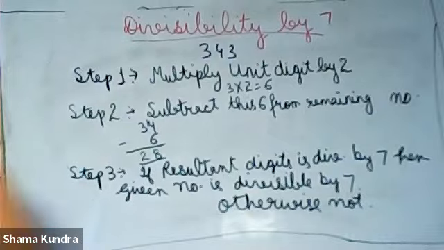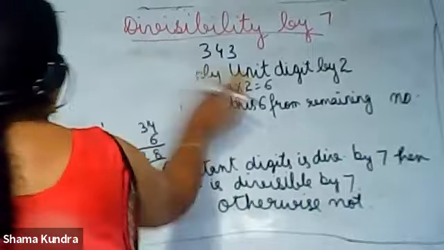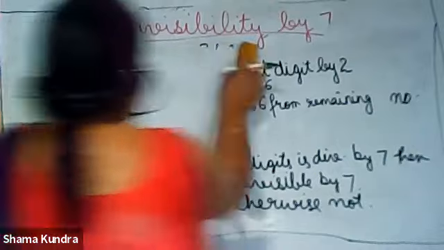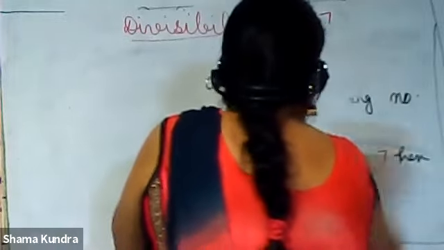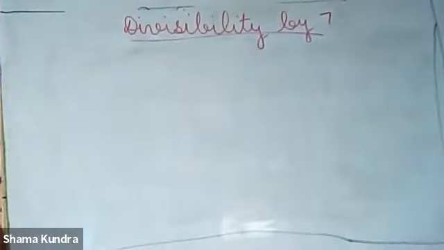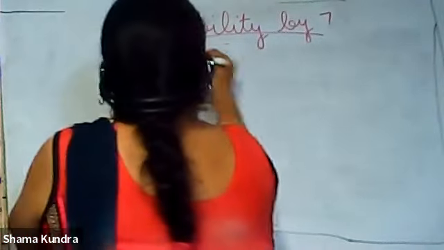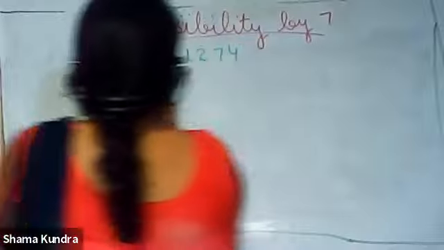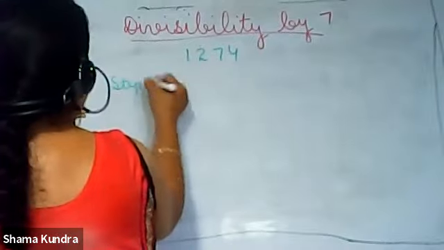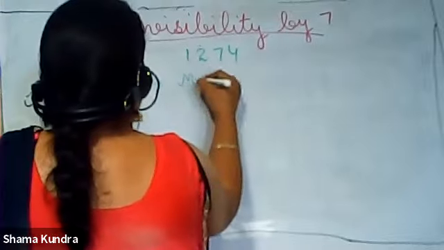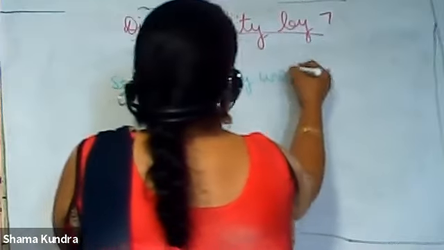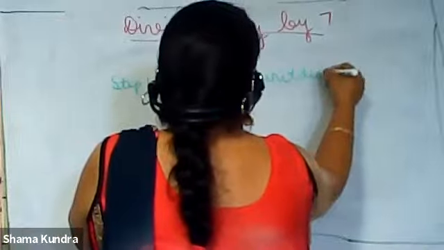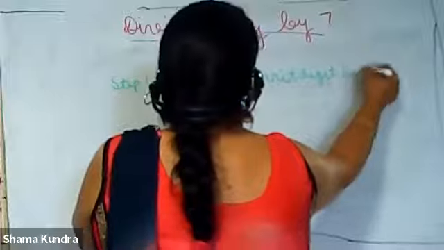I will take one more example to clear the divisibility rule for 7 concept. For example, the given number is 1274. What is step 1? Multiply the unit digit by 2.